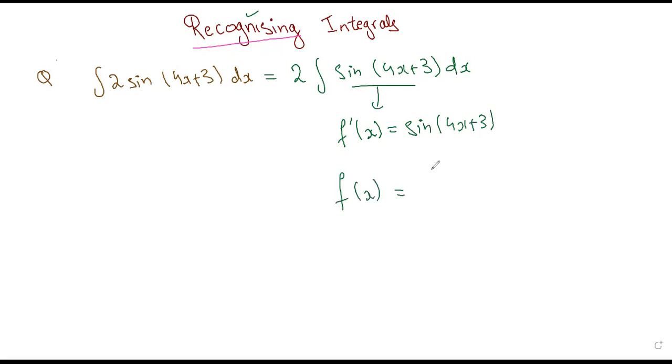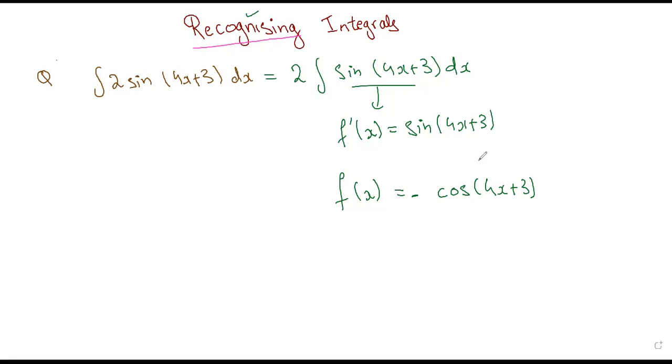So we know that the derivative of cos 4x plus 3 would have been minus sine 4x plus 3 multiplied by 4, right? Yes. If we had this, then the derivative would have been minus 4 sine 4x plus 3. But since we do not have a minus here, it means we would be having a minus here, because only then the minus signs would be cancelled out and we would have been left with the plus sign.